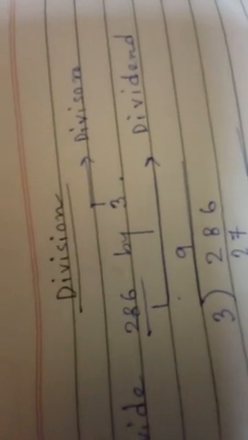Now you see what the next digit in the dividend is. It is 6. So as usual you bring 6 down here. Now you check whether the divisor 3 goes into the next two digits, 16.